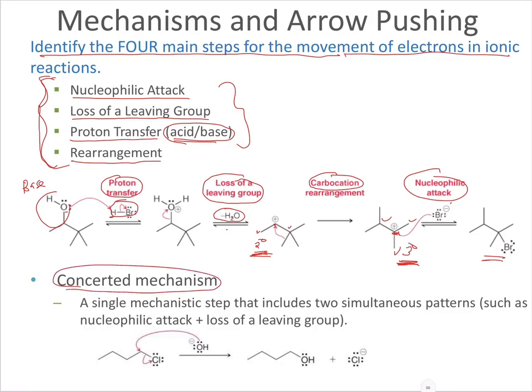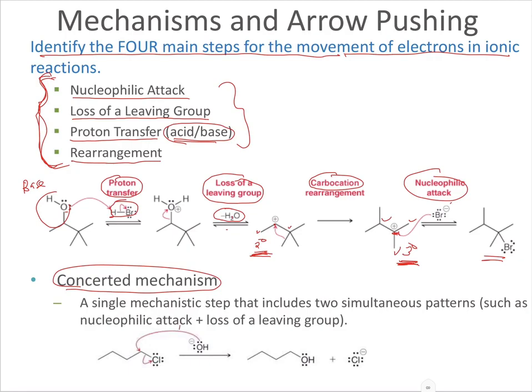Now, what is a concerted mechanism? In a concerted mechanism, we might have more arrow pushings, not just one arrow pushing, more arrow pushings in one step. So it may include more than one of these main steps that we talked about. Let us look at this example.